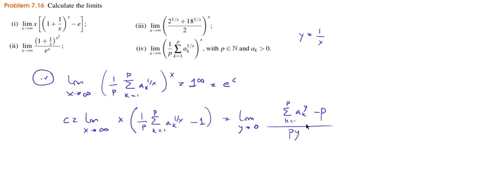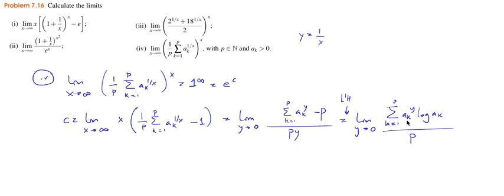Right? And now this is going to be p minus p, 0 divided by 0. So this is the limit when y goes to 0 of, applying L'Hopital's rule, the sum of a sub k to the y times the logarithm of a sub k, divided by p.